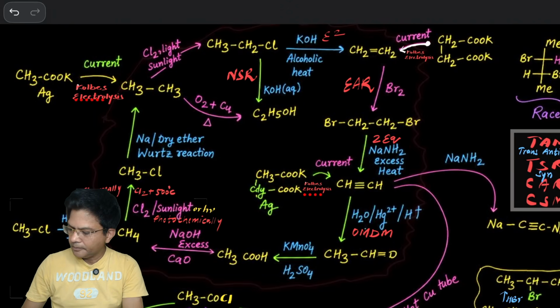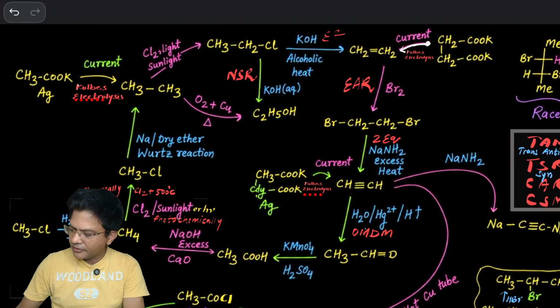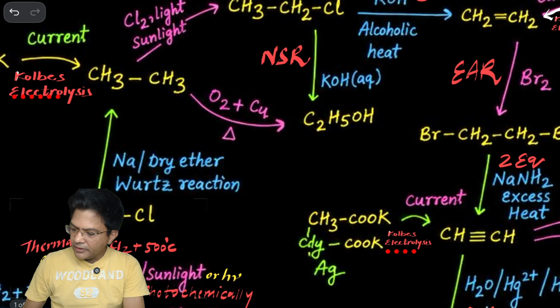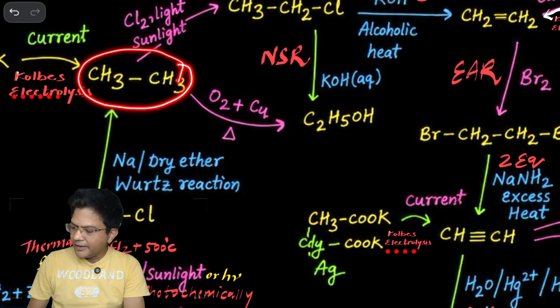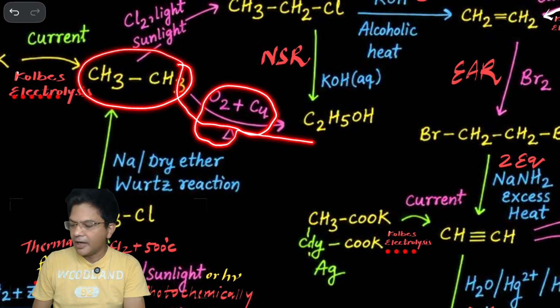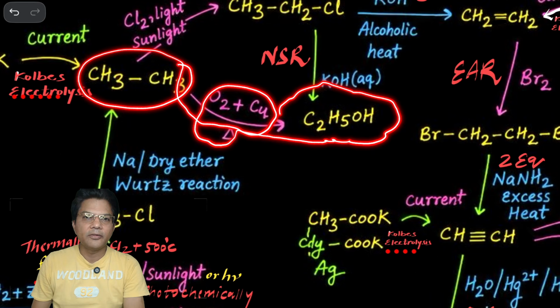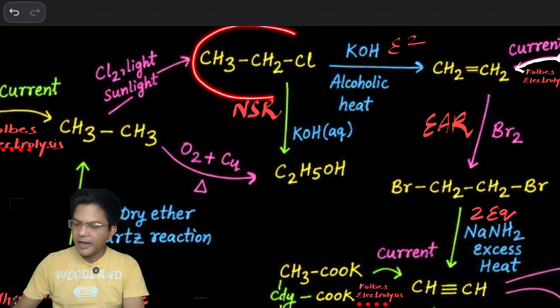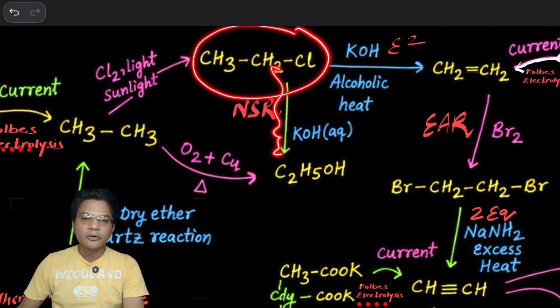Now see, inside the circle, if I react ethane with O2, copper and heat, I will get ethyl alcohol. My target is ethyl alcohol. And if I do the reaction of ethyl chloride with aqueous KOH, I will get ethyl alcohol.